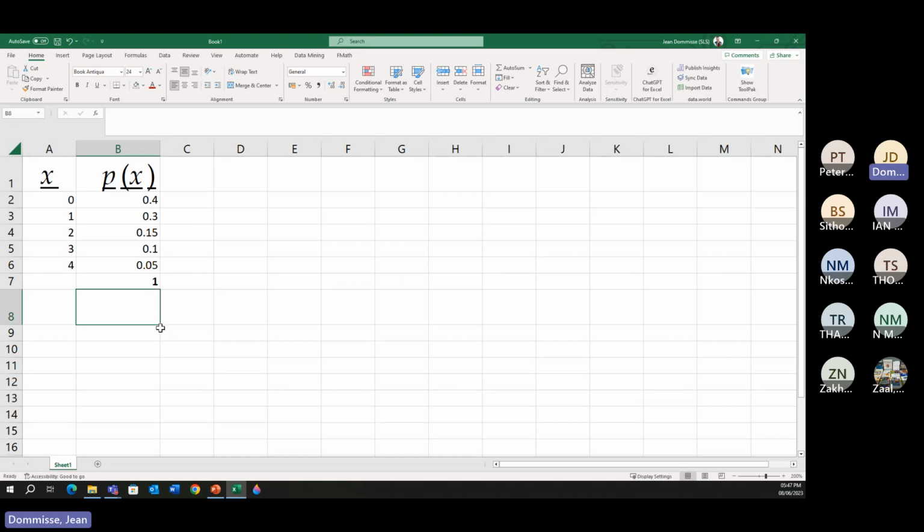Okay, so when you now need to work out an expected value and the variance, it's very similar to what we've done in chapter 3. So we work out a mean.